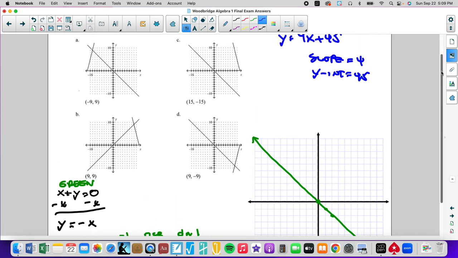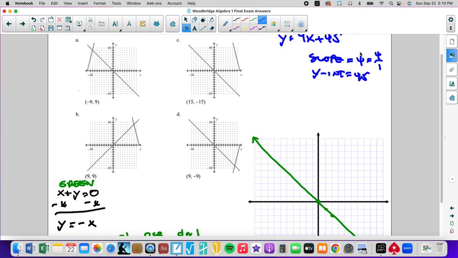So my y-intercept is going to be way up here somewhere. My slope is 4 over 1. That's up 4, right 1, up 4, right 1, up 4, right 1.